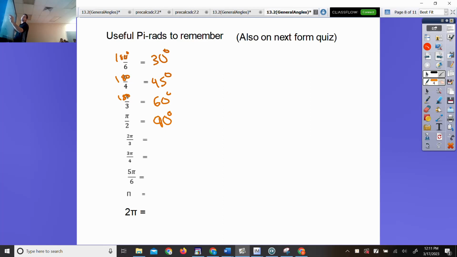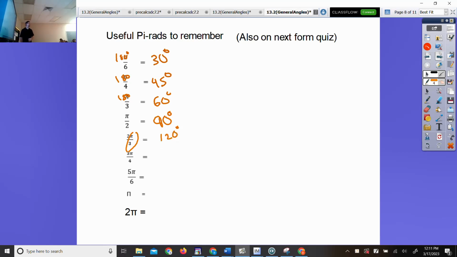Now, when you see 2 pi over 3, you think of 2 times pi over 3. You see it? 2 pi over 3, is it not 2 times pi over 3? And what's pi over 3 worth? It's written on the board. 60. What's twice 60? 120, Parker.